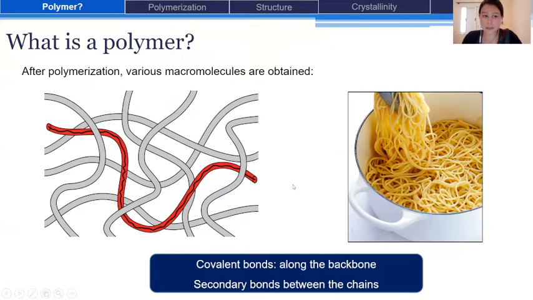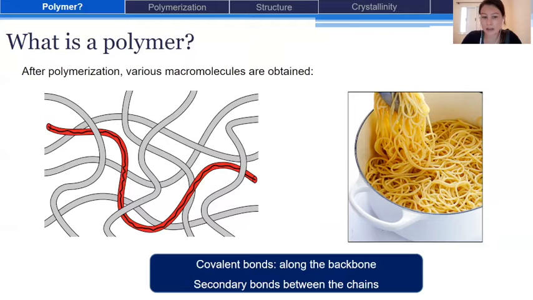So after the process of polymerization, we obtain a lot of macromolecules, so long molecules. And we used to represent these long molecules like spaghetti. So you should imagine that the sample that you obtain is made of various polymeric chains like spaghetti.